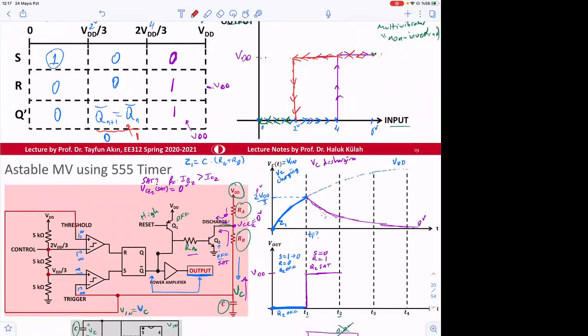Things will change when the voltage coming here goes to 2 volts. So when it reaches 2 volts, things will change again. So this will go to 2 volts.